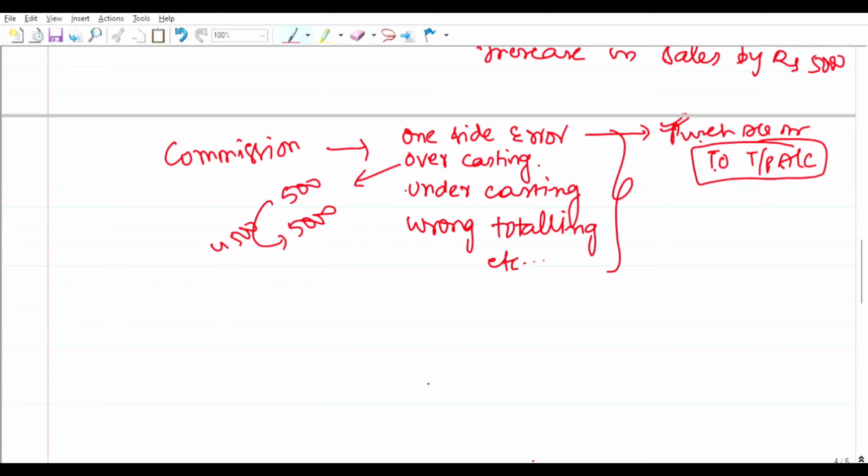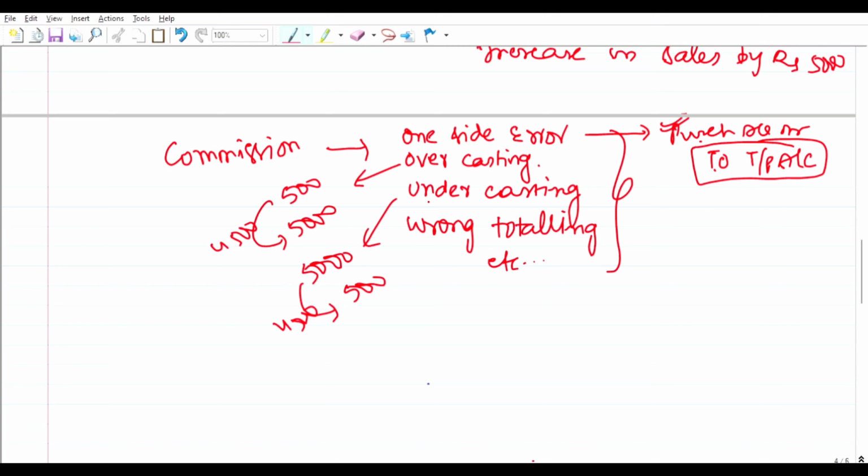Okay, and undercasting is nothing but take it reverse. If we have done a sale of rupees 5000 and recorded it as 500, we are undercasting the sales by rupees 4500.